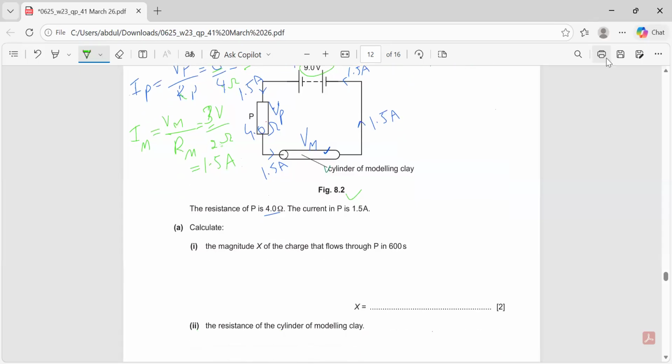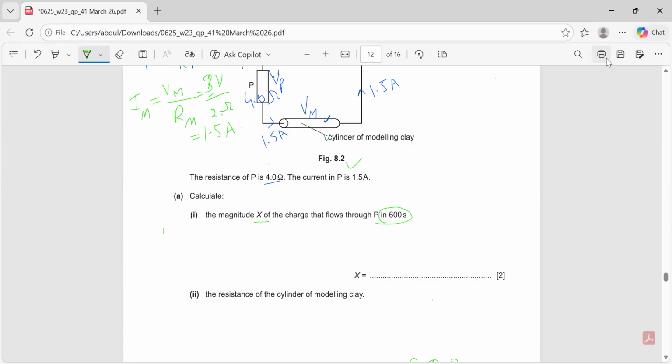Calculate the magnitude x of the charge that flows through P in 600 seconds. This is a recall memory question, very simple and straightforward. So let's start from the definition of current. Current is equal to the rate of flow of charge. I is equal to Q over T. So from here, my dear friends, making charge the subject of the equation, it becomes I times T. Current, we know, is the same all the time in this series circuit.